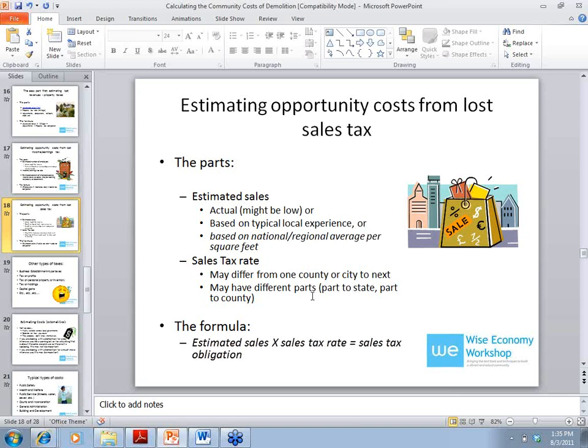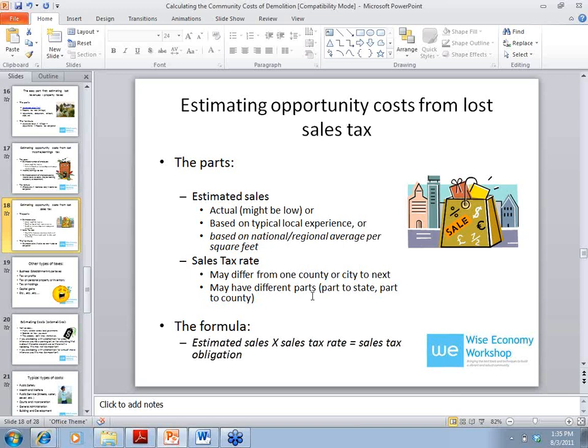And for retail, one very good source may actually be retail real estate brokers, because the value of a retail property is pretty much directly derived from expected sales revenue.